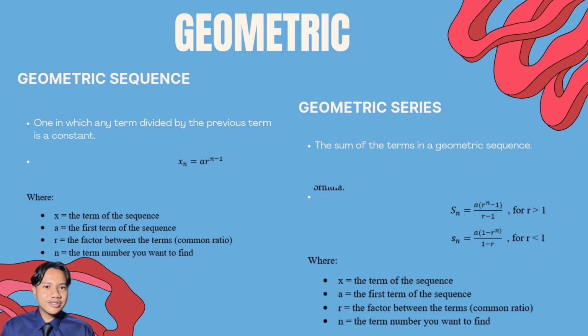The common ratio can be found by dividing any term in the sequence by the previous term. For example, 4 divided by 2 and 2 divided by 1 give a common ratio of 2 because the ratio is constant. So, what about geometric series? A geometric series is the sum of the terms in a geometric sequence.